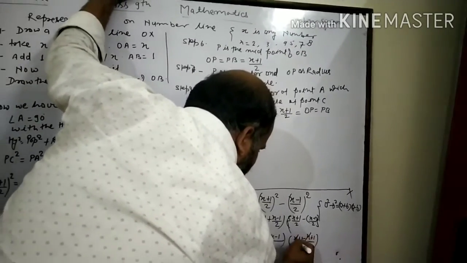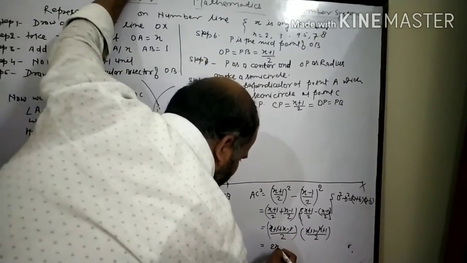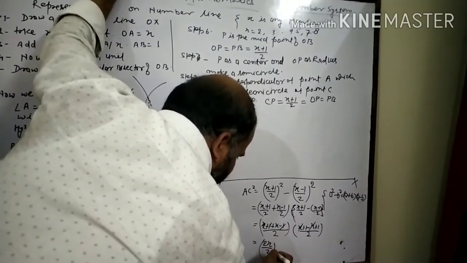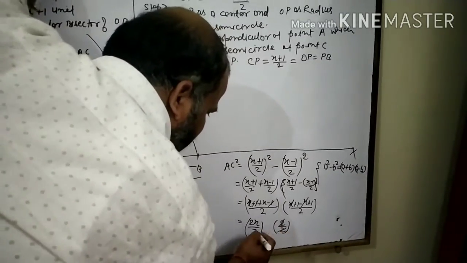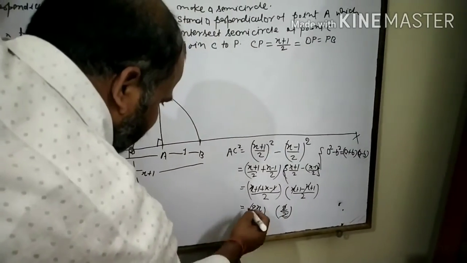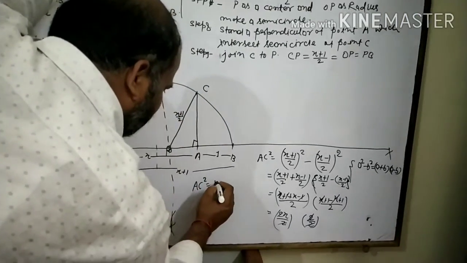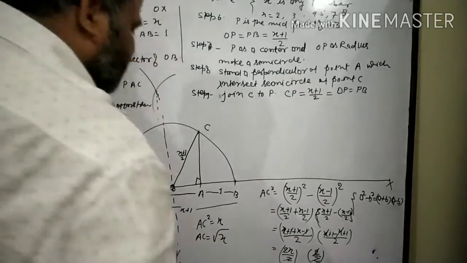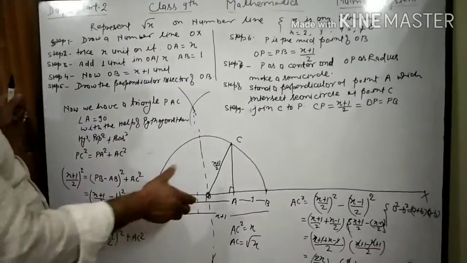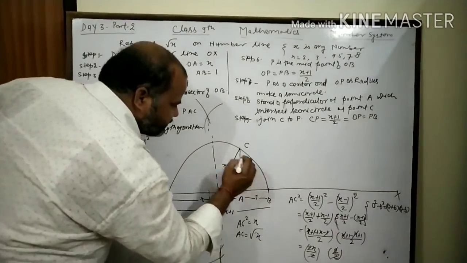Here minus x plus x are cancelled, minus 1, then it is 2x by 2, and 1 plus 1 is 2 by 2, both are cancelled. Here AC square is equal to x, then AC is equal to under root x. Now we got this length AC is equal to under root x.